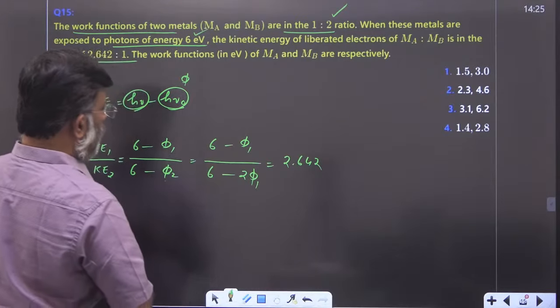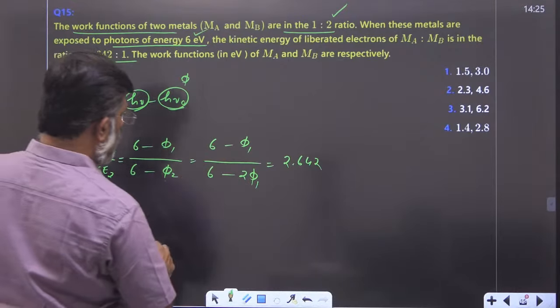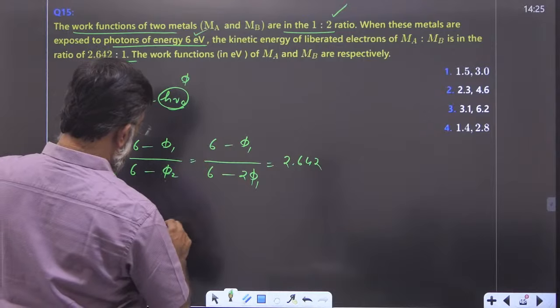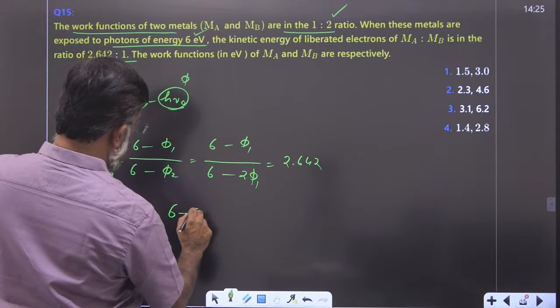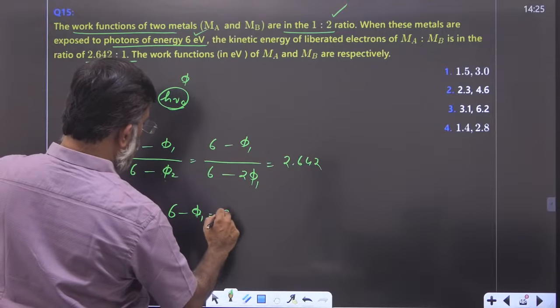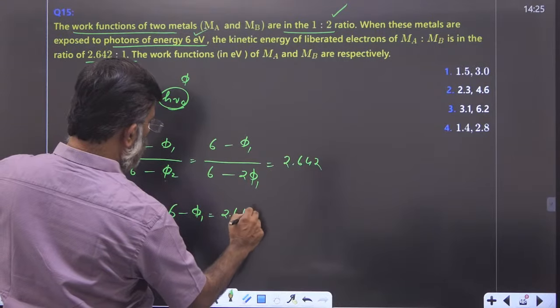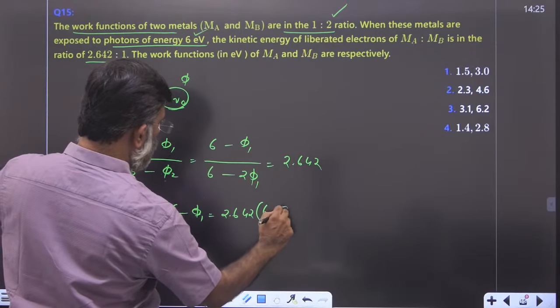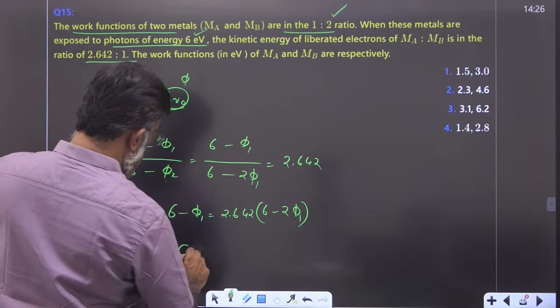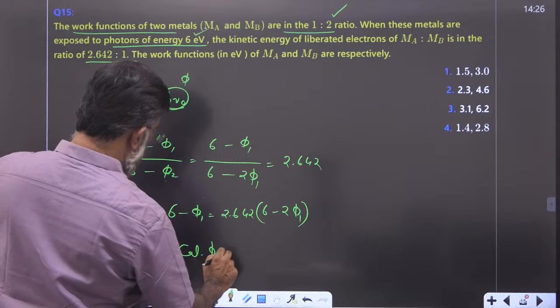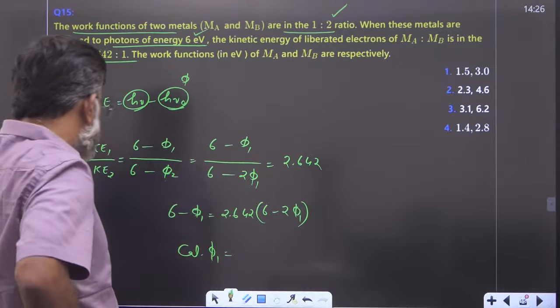Right, so we can find out psi1, കണ്ടുപിടിക്കാം. Calculate psi1: 6 minus psi1 equal to 2.642 into 6 minus 2 psi1.